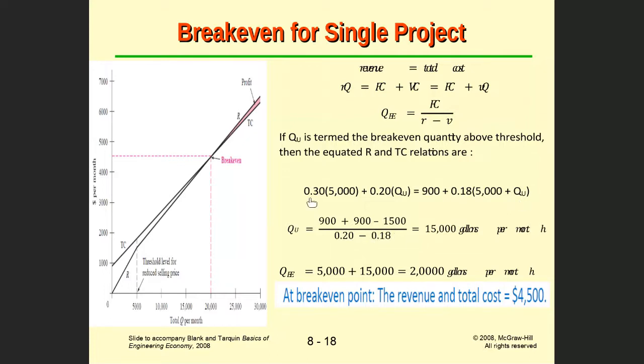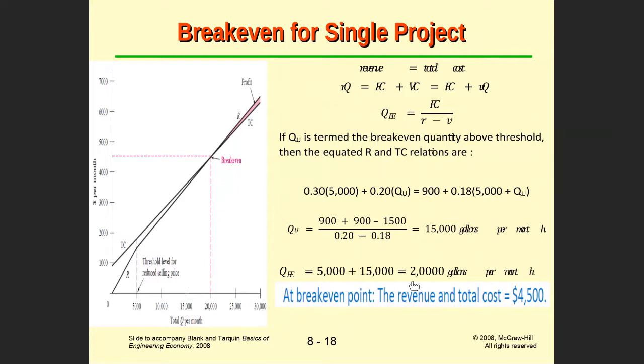Now we solve this equation for the unknown QU until we get the QU, which is 15,000. To find the break-even, you add it to the 5,000, which is the production that is expected based on the given information, to get 20,000, which is the quantity of the break even.